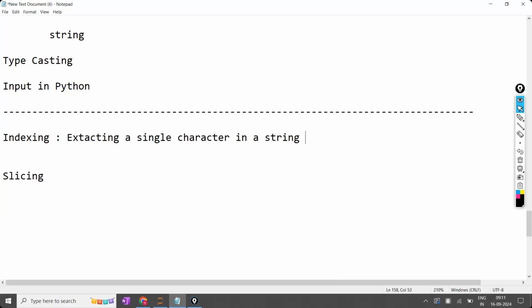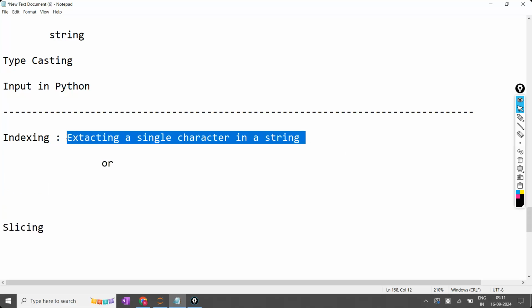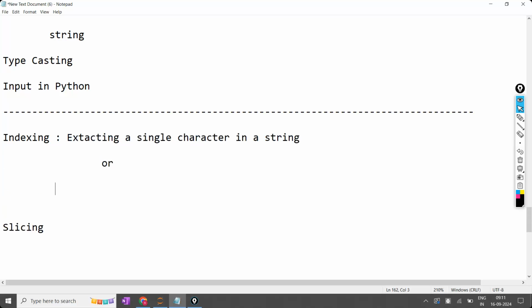Or extracting a single value or item from containers or advanced data types.